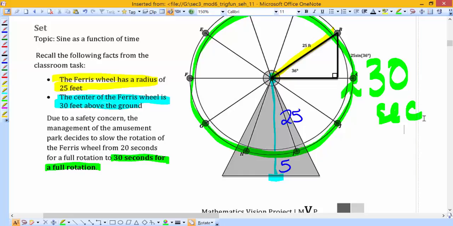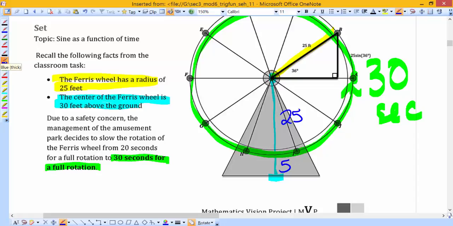I need to figure out how far that Ferris wheel is moving per second. I don't want this in 30 seconds. I want how many degrees per second. Yes, they're giving me this triangle that is saying it's 36 degrees, but that's not telling me how far it is moving per second. I want per second. So not too bad.